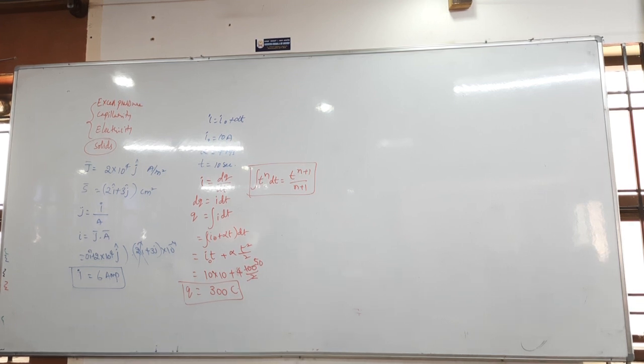Consider a wire of length 4 meters and cross sectional area 1 millimeter square, carrying a current of 2 amperes.